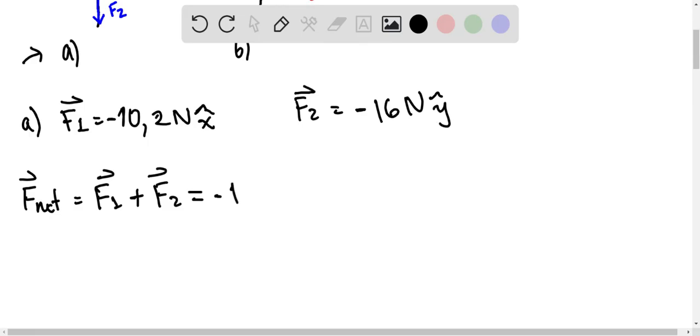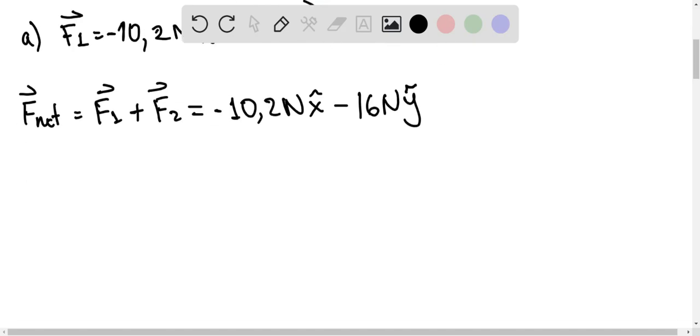So we will have minus 10 newtons in the x and minus 16 newtons in the y.